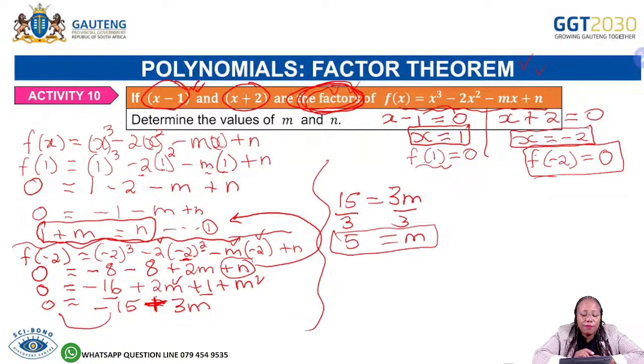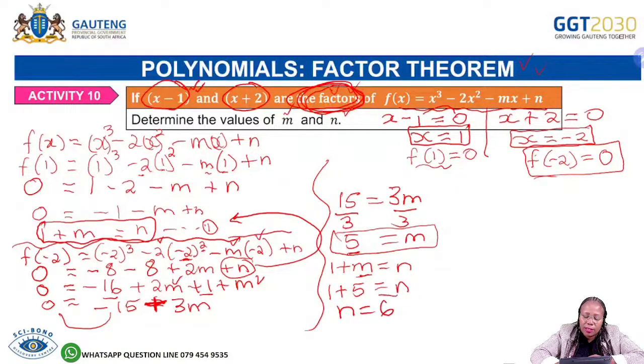We now have the value of m. We are solving for m and n. And then to solve n, we can take that equation 1 which says that 1 plus m is equal to n. Then we substitute m with a 5 because we have the value there. That will be 1 plus 5 equals to n. Therefore, n is 6. Then you have the value of m and the value of n.